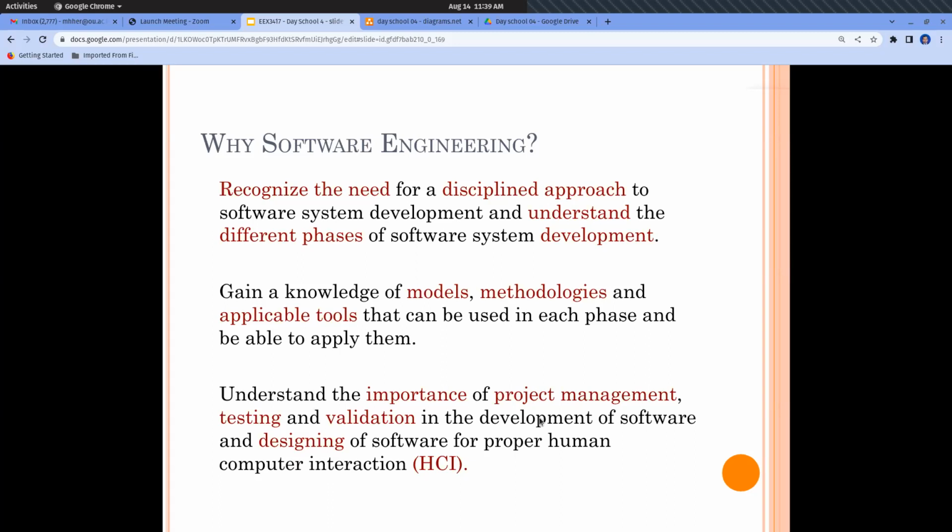We use only a few phases here. Now actually there is something called agile. Agile means these phases are again linked to another phase.